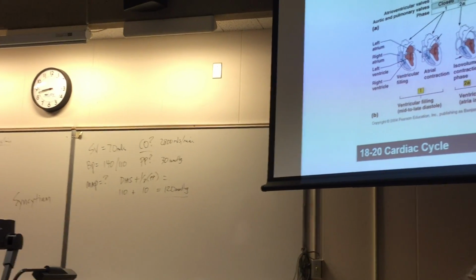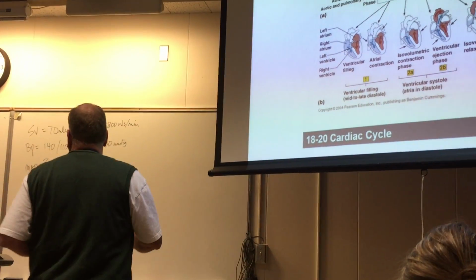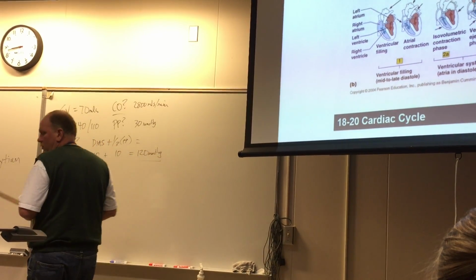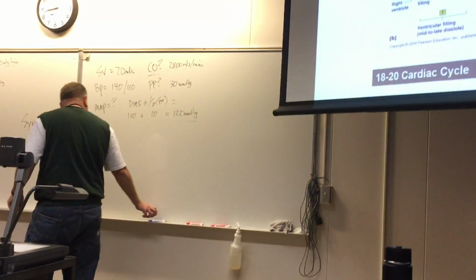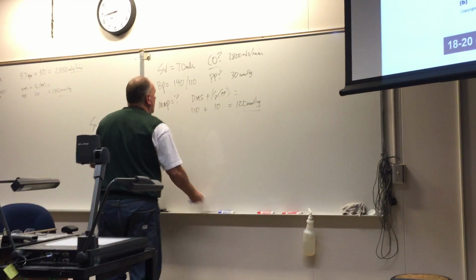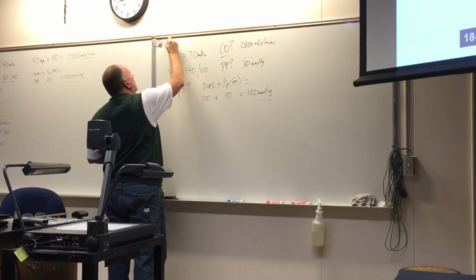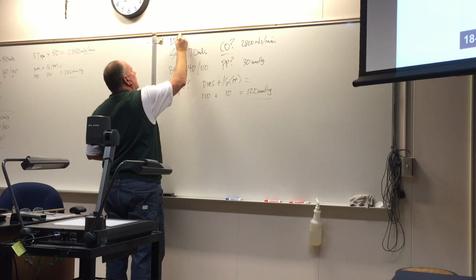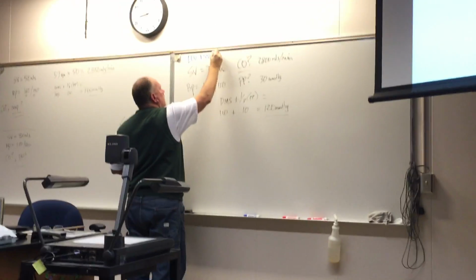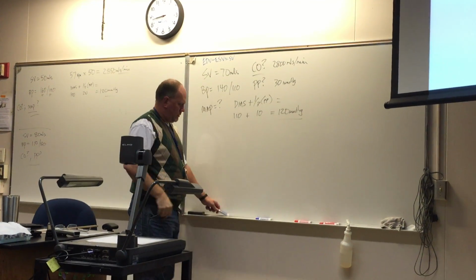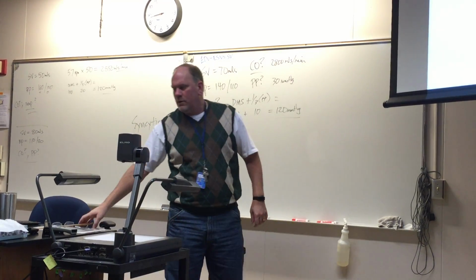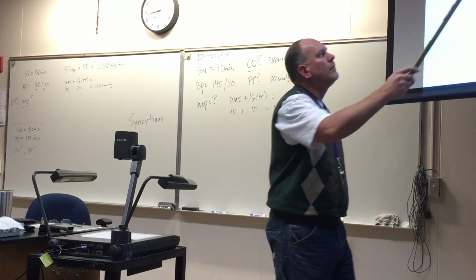All right, should have started with that this morning. Stroke volume. Stroke volume calculation is end diastolic volume minus end systolic volume.